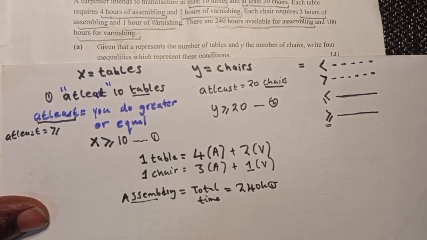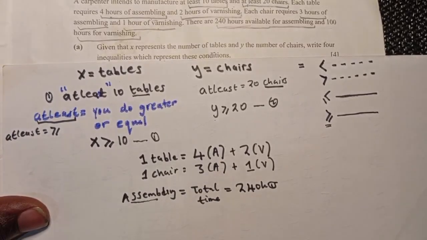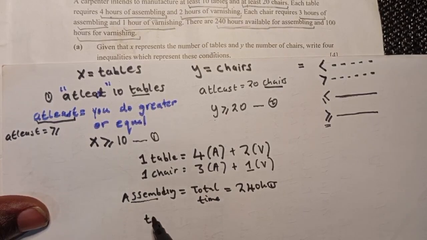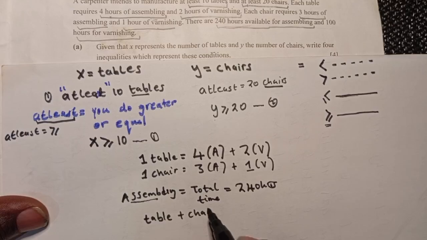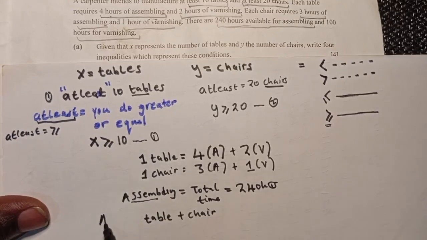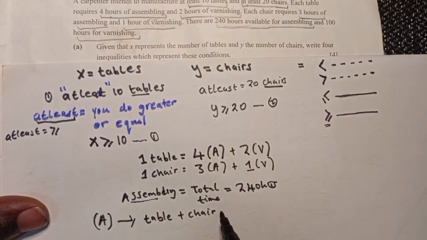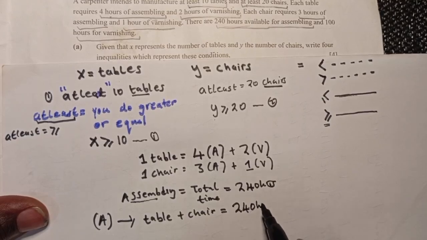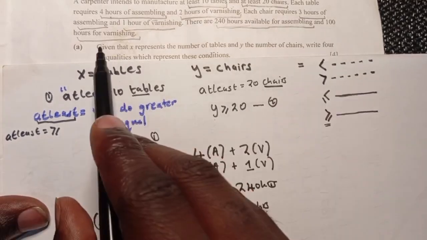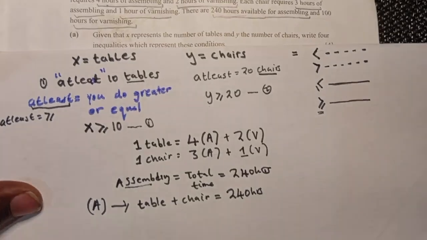Now what does this mean? This means that assembling tables plus chairs all together, here we're talking about assembling. To assemble all the tables and chairs, you've only been told you have 240 hours, and you are told 100 hours for vanishing. So I'm told 100 hours for what?